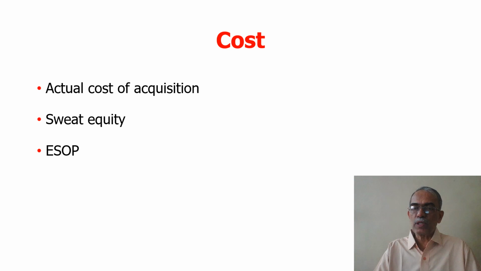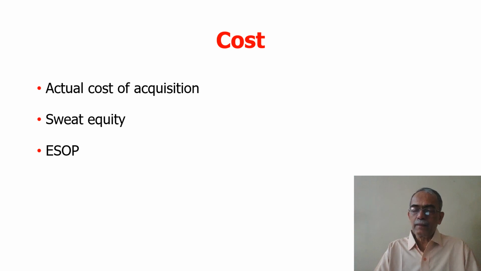Suppose market value is 100 rupees, say the shares are issued at 60 rupees. When shares are issued at a discounted price, at the time of allotment it will be treated as perquisite in the hands of the employees and taxed. Later on, when they sell these securities, the cost would be the fair market value that was prevalent at the time of allotment.